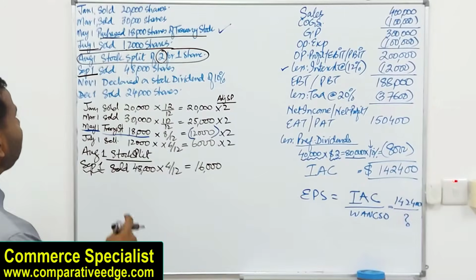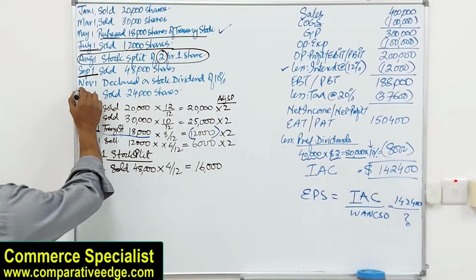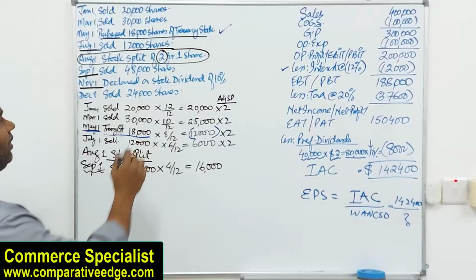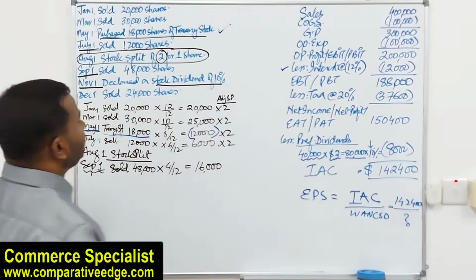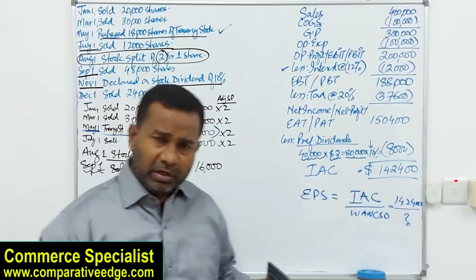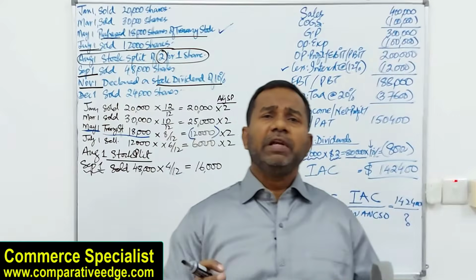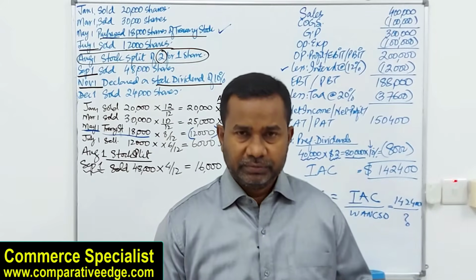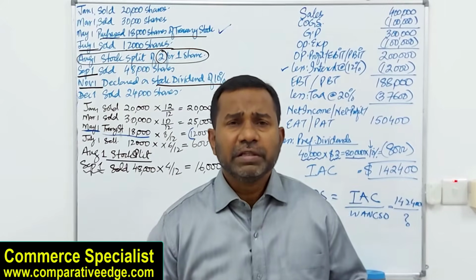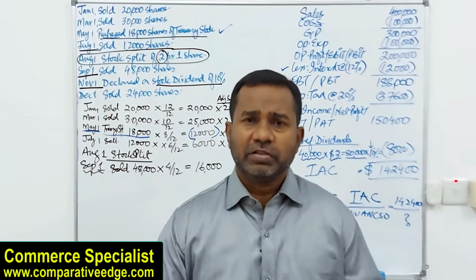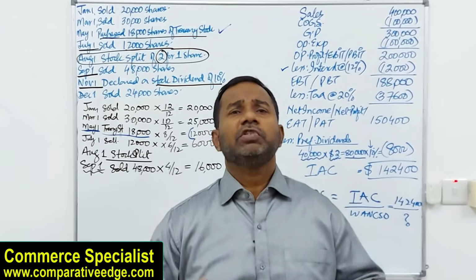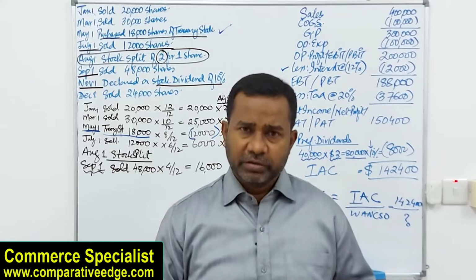Alright, after that, on 1st of November, we are declaring a stock dividend of 10%. Please, everybody, this is an important step. When a company declares a stock dividend, that means instead of paying cash as dividend, the company is giving shares to their existing shareholders.